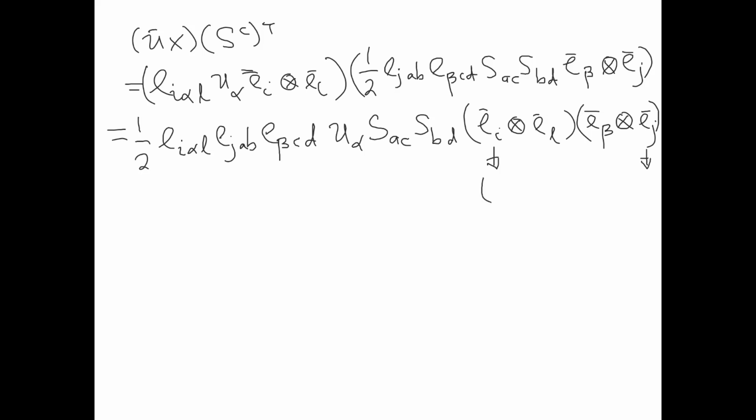This becomes e_i ⊗ e_j, then the inner ones become a dot product. And when you do the dot product of your orthonormal basis, it gives you the Kronecker delta. So e_l dot e_β gives you Kronecker delta l β. That comes from chapter 1.